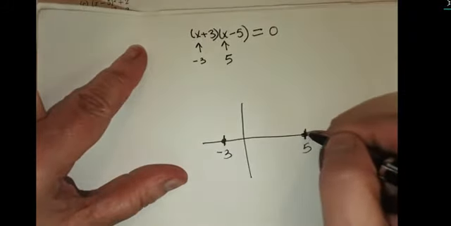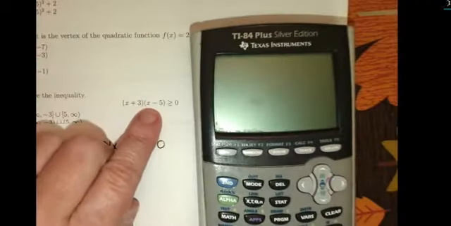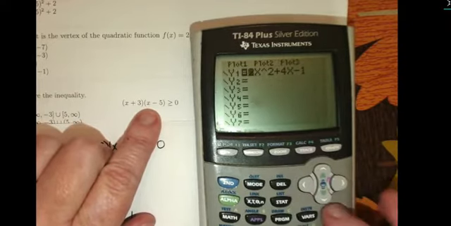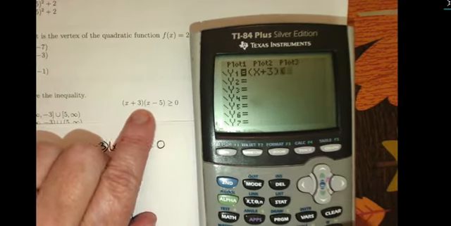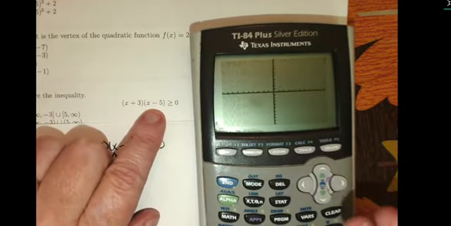Okay. And now let's look at the graph of this. So let's come here and clear that out, and then put in x plus 3 times x minus 5. And let's just see what the graph is like.